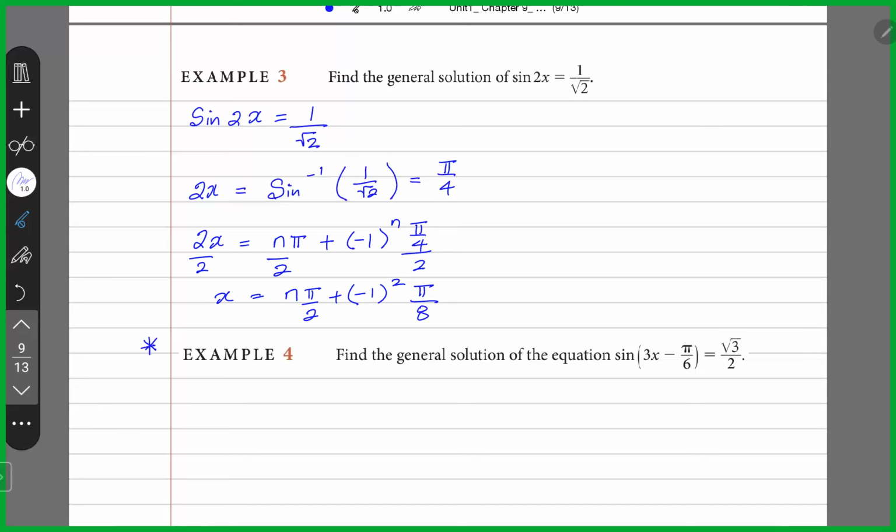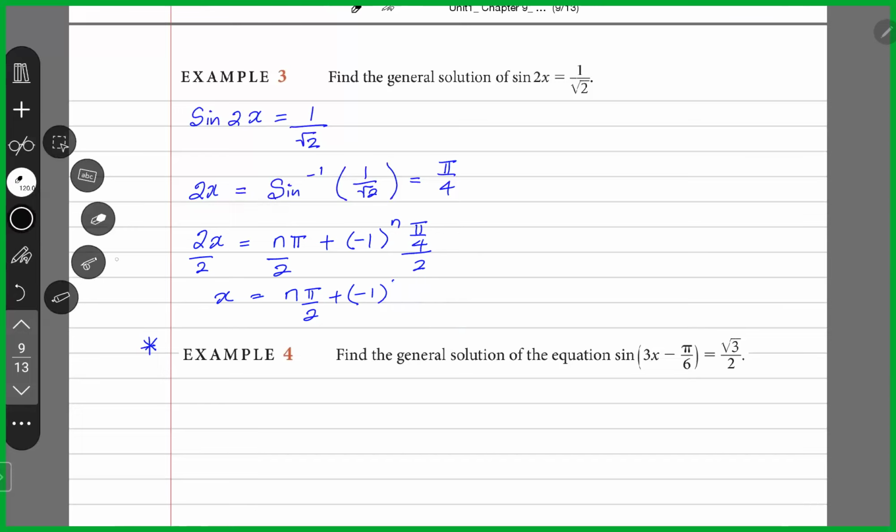If you divide pi by 4 by 2, you're going to get pi by 8. So the general solution for sine 2x is equal to 1 over root 2 is x is equal to n pi by 2 plus, oh, what an error. But we have time, we can just fix it.